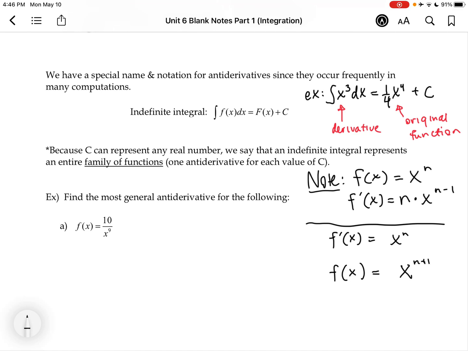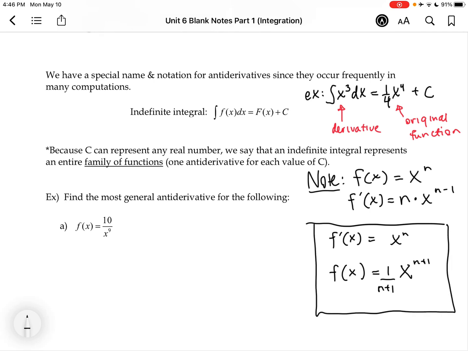And then the coefficient of f of x has to be 1 over n plus 1. Because if you work towards the derivative, right, then if we took the derivative, we would multiply by n plus 1. So n plus 1 over n plus 1 gives the derivative function a coefficient of 1. And then the n plus 1 would decrease by 1 to get x to the n. Okay? And so this is how we work in reverse.